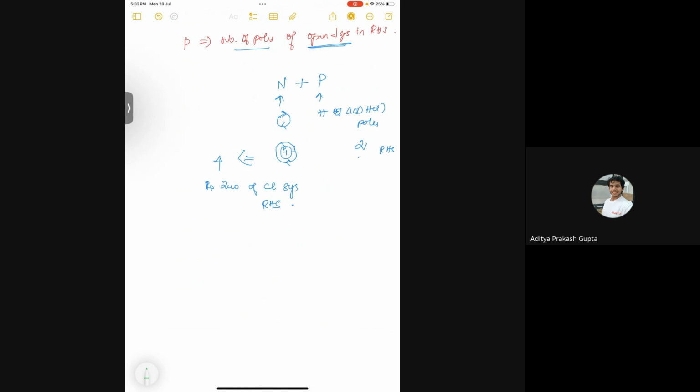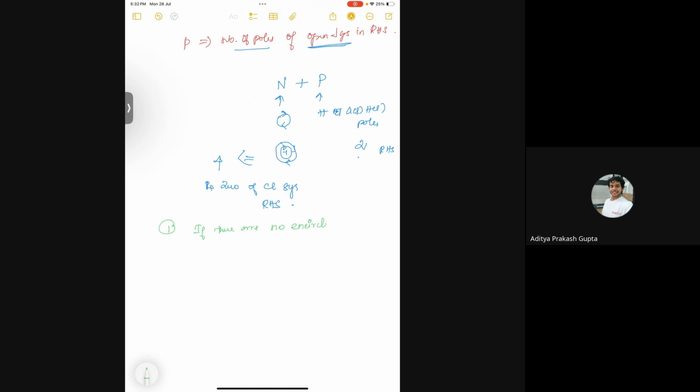Right. So the next thing is a few stability analyses and the conclusions of the stability analysis. The first one is: if there are no encirclements.